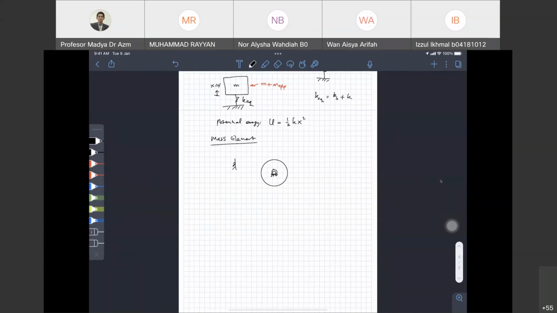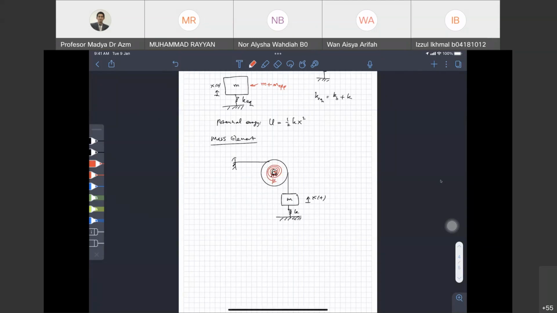So let's say K ini ada mass punya X. So dekat sini pun ada bukan helical spring, torsional spring.